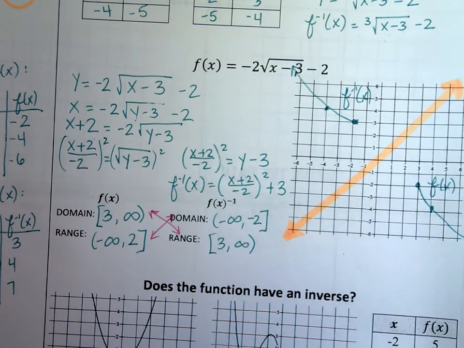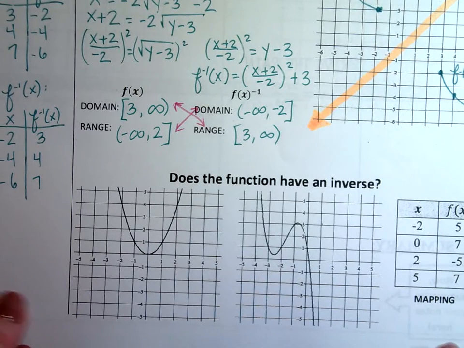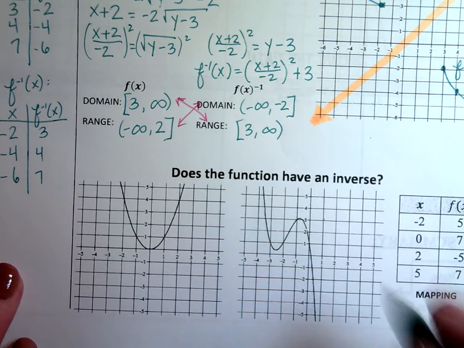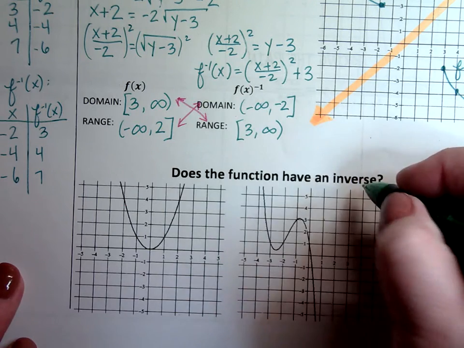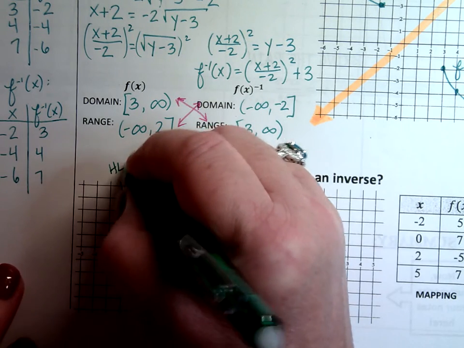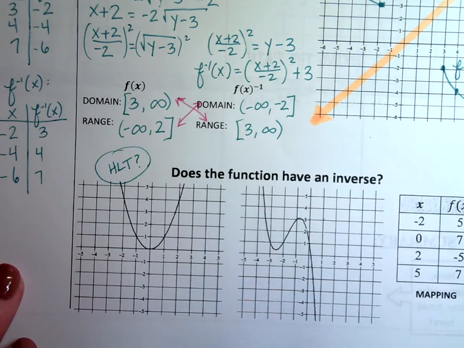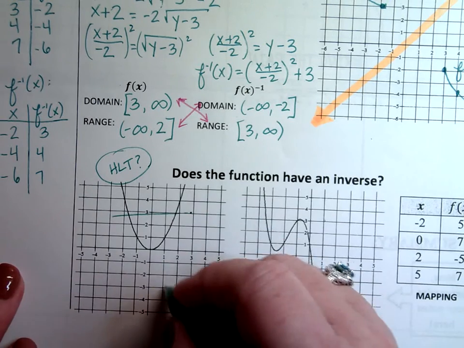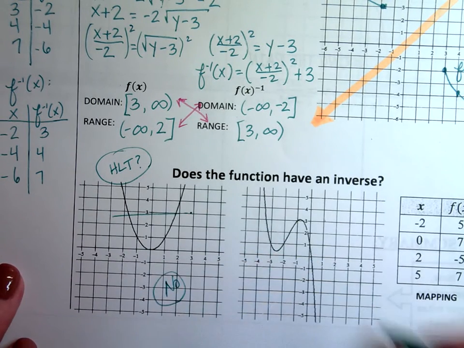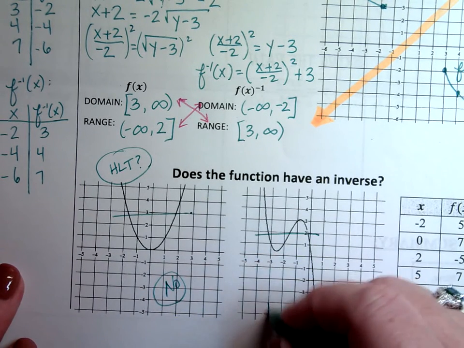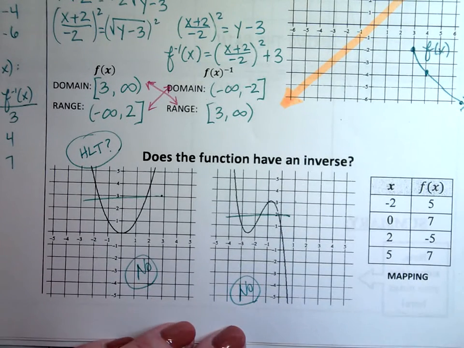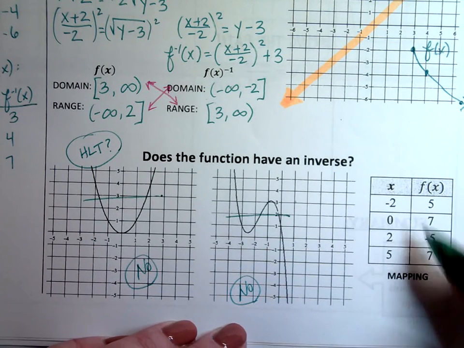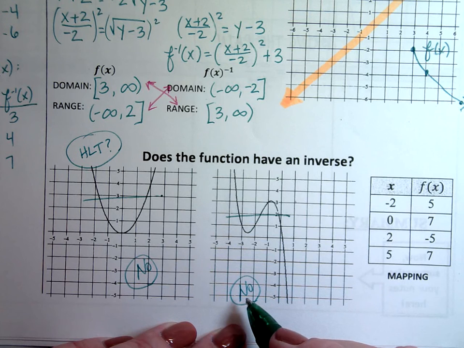Okay, do these functions have inverses? Remember, they have to pass the horizontal line test. They're asking just if it has an inverse, so all you need to worry about is whether it passes the horizontal line test. This guy, no. This guy, no. This guy from a table of values. Remember how with the vertical line test you couldn't have repeating x's?